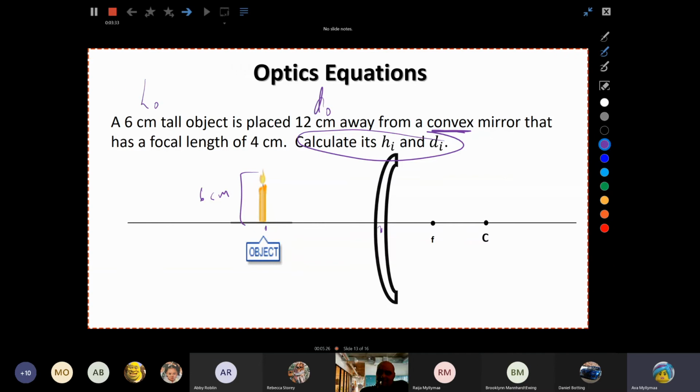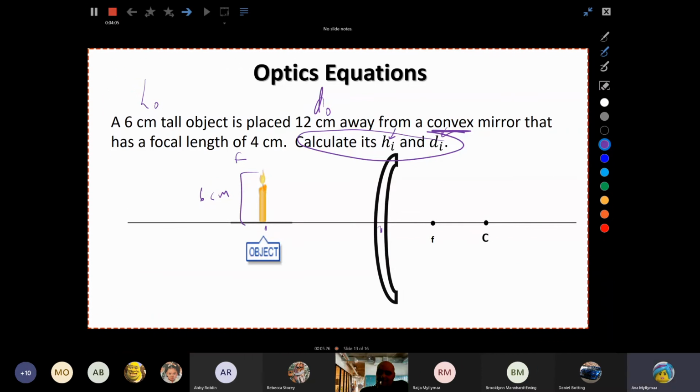So there's our ho and our do, and our f. The i is the image. The image isn't on here yet. O for object, I for image. So what's d and h? D is distance from the mirror, and height is how tall it is.